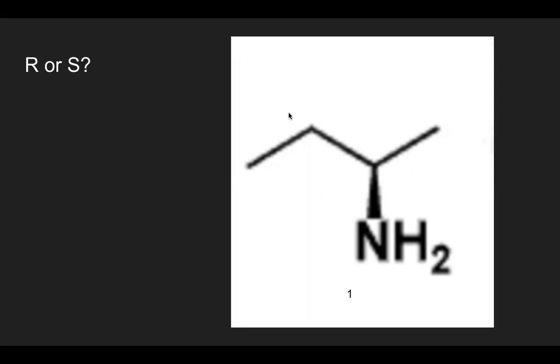So which one gets assigned priority 2 and which one gets assigned priority 3? Well, if we go this side to the right, the carbon atom we're looking at, that is our chiral center, is attached to the carbon atom, and then that carbon atom is attached to 3 hydrogens.